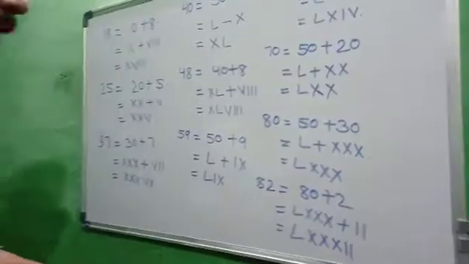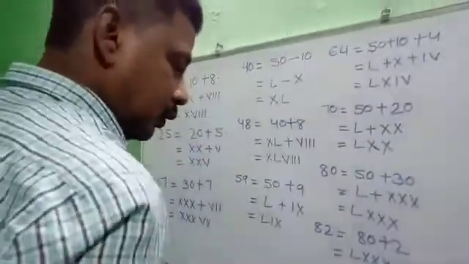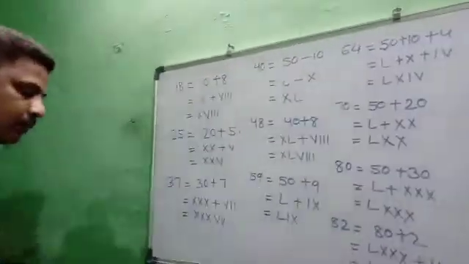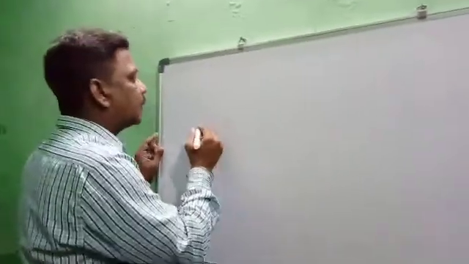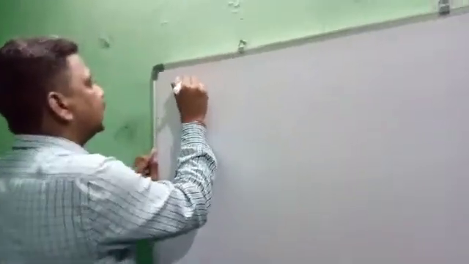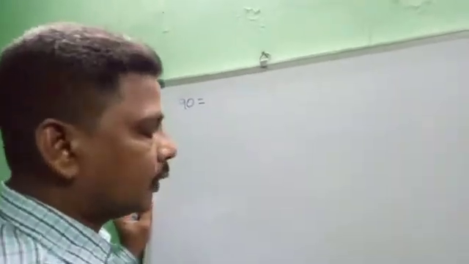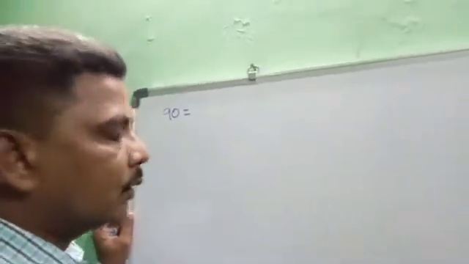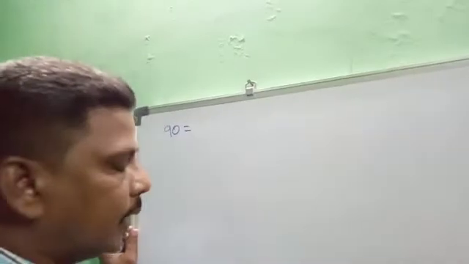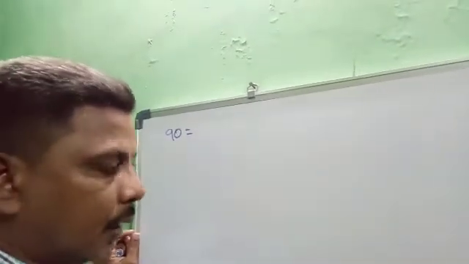So let's take another example. 90. Recall that I have told you earlier that for 40, 400 and 90, 900 you have to subtract.